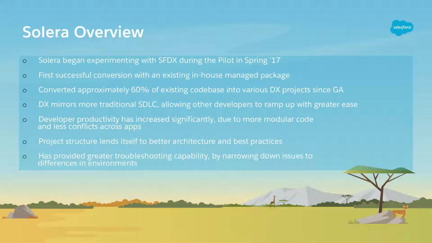But the page we took from them was shift left. And shift left means that rather than have a QA department, we push all the QA to the left side of the Scrum board. And in order to do that, we had to build everything out in objects that met the SOLID principles. So we do code reviews and design reviews to make sure that all of our objects meet the SOLID principles.